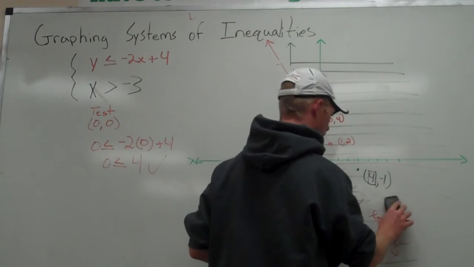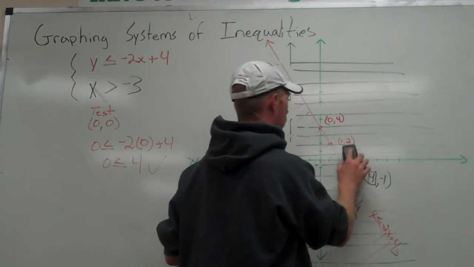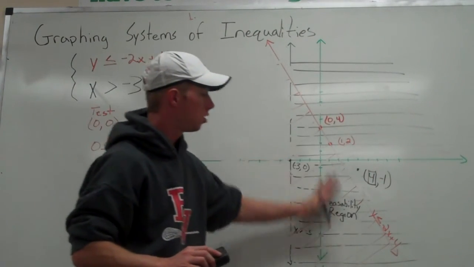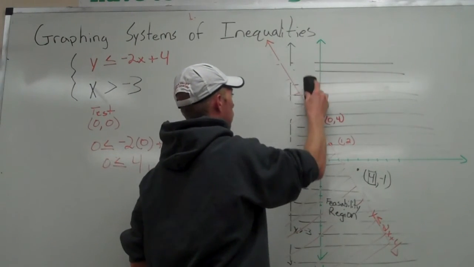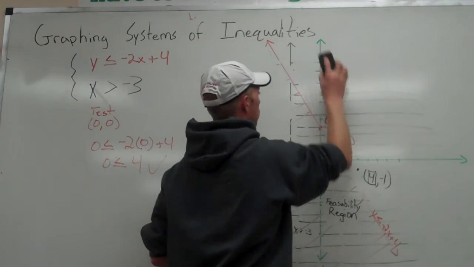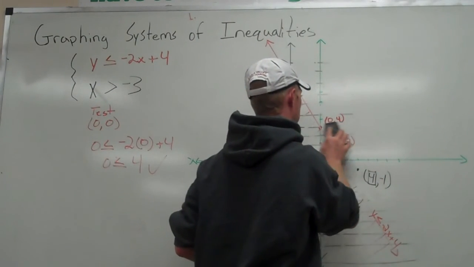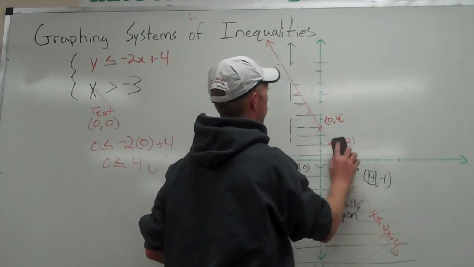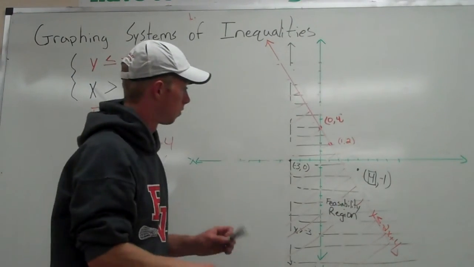Get rid of this shading over here. And if you are doing your homework in pen, which I know a lot of you do, make sure you just darken this region because sometimes you're just not working with something that can be erased. That's why pencil is sometimes the best medium to use.